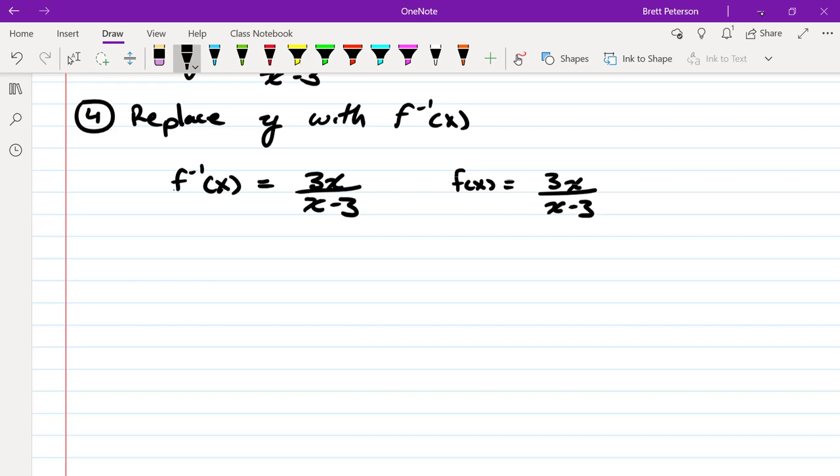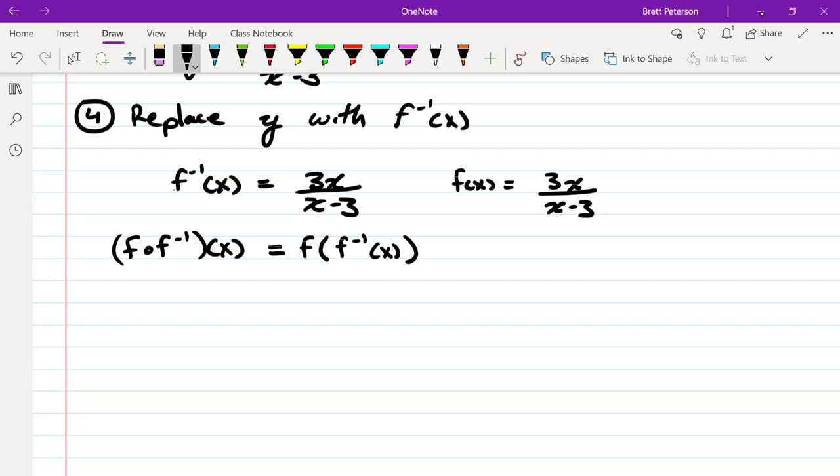So what is f circle f inverse of x? Remember, the circle operator is function composition, which means we are going to put the second function into the first function as an input. So f of f inverse of x.